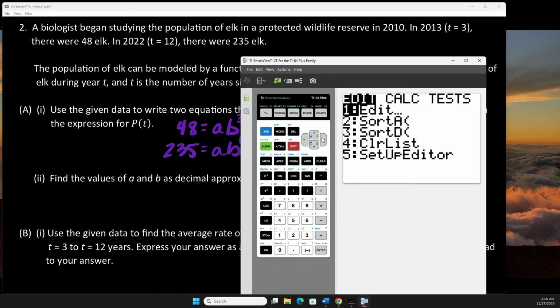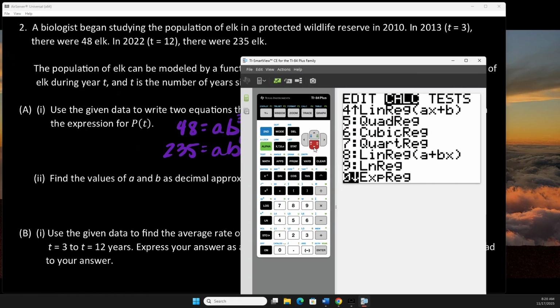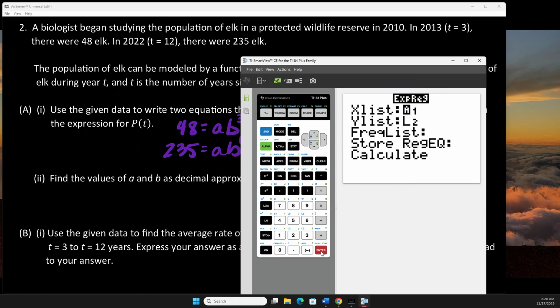And then we go to stat, over to calc, and then we're going to choose 0. Now I went the long way to choose 0, but that's okay. And it's a good idea to store it because we might need it.